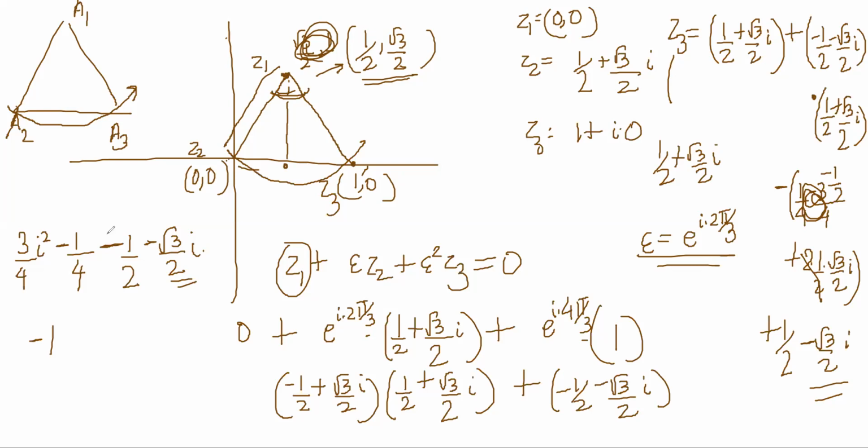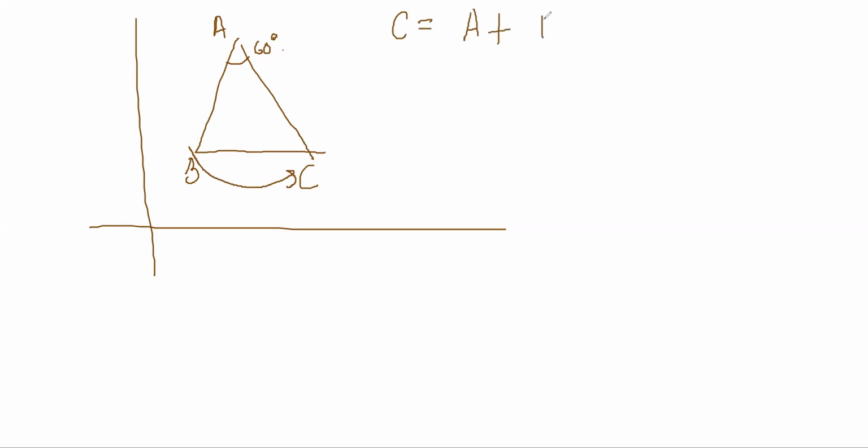So what he says is a positively oriented triangle is such that A, B, C, if you rotate B about A through 60 degree, you should get C. So C point will be A plus B minus A into e power i pi by 3.